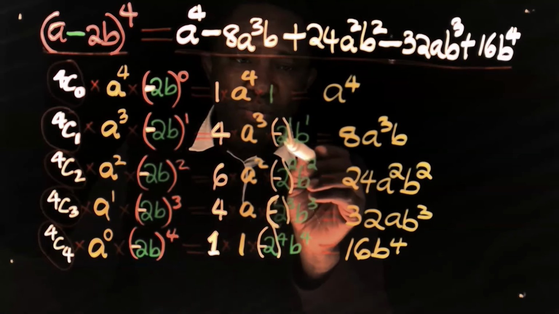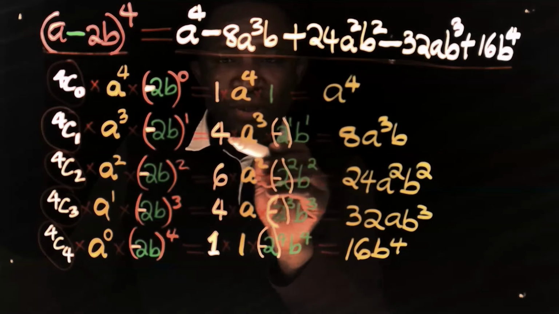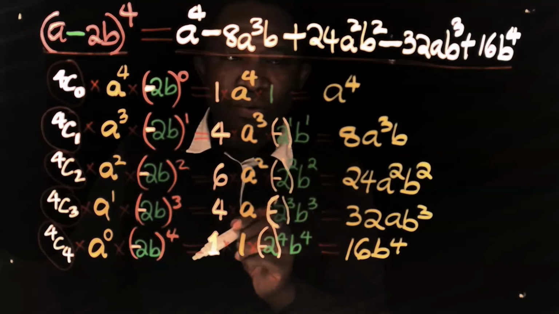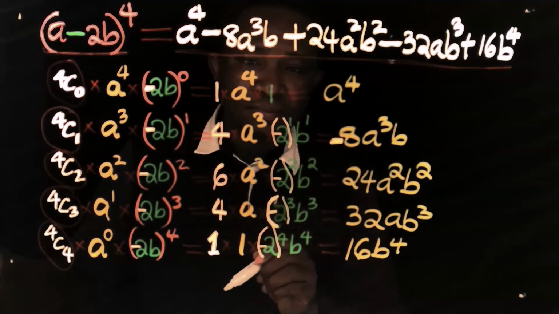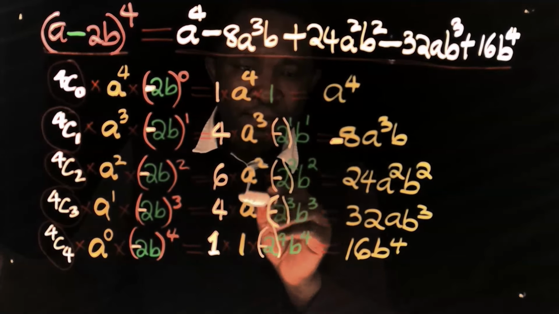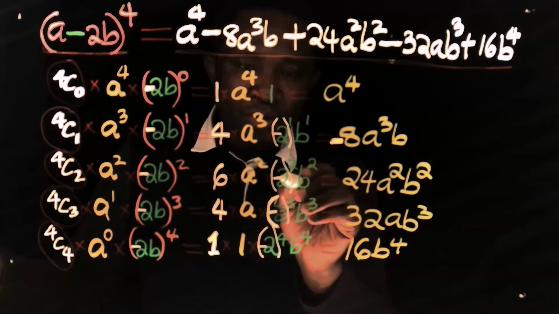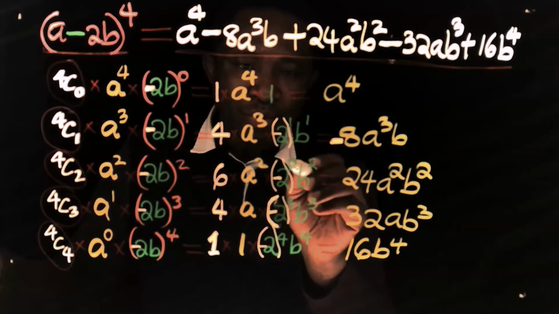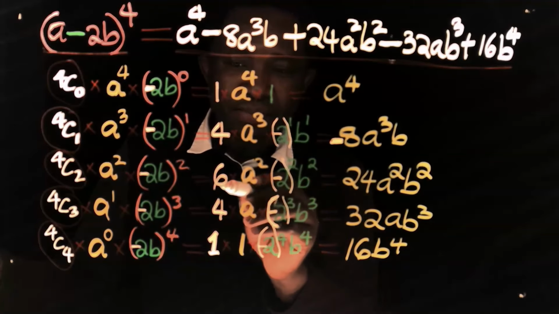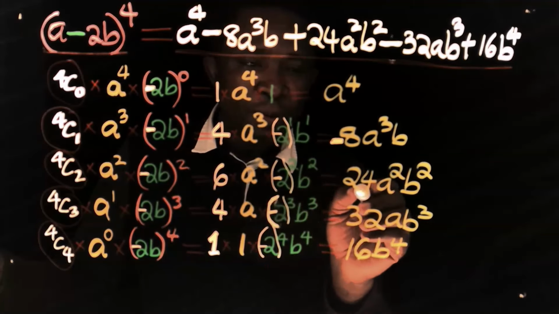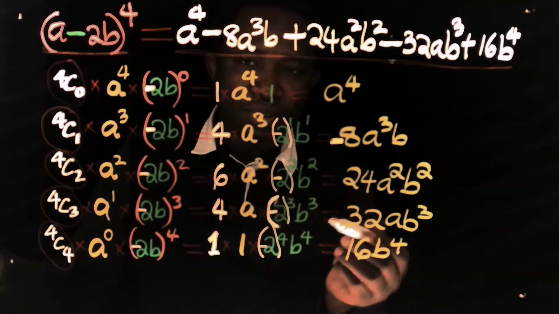Minus 2 will multiply 4, and you're going to get minus 8. For the next term, minus 2 times minus 2 twice will give you 4. So 4 times 6 will give you plus 24.